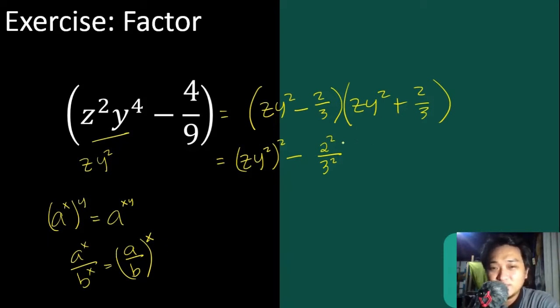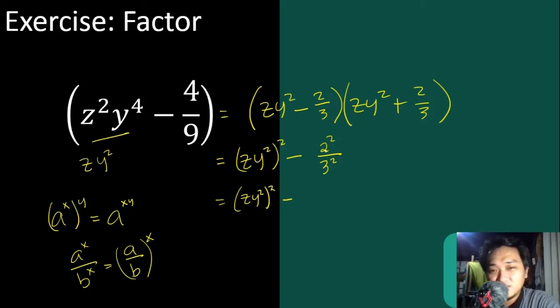Sa makatuwid, if you have 2 raised to 2, 3 raised to 2, pareho lang silang raised to 2, we could also express that as, let us copy first, zy squared, the quantity zy squared raised to another power of 2.